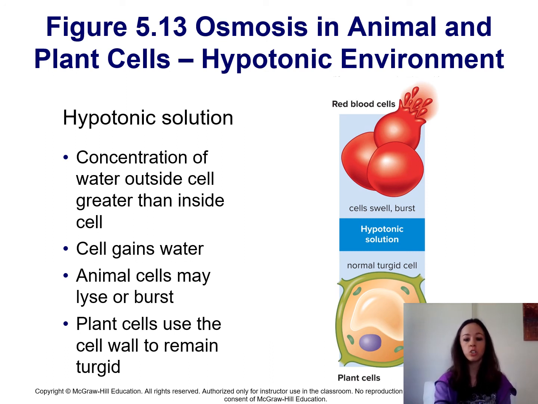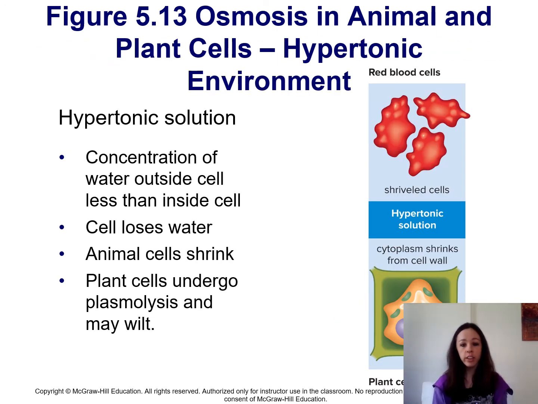In a hypotonic solution, animal cells will lyse, and plant cells will still expand but won't lyse because of that cell wall. Again, that cell wall provides extra structure for the plant cell. Instead, it will create something called turgor pressure, which is again when that cell membrane presses against the cell wall.